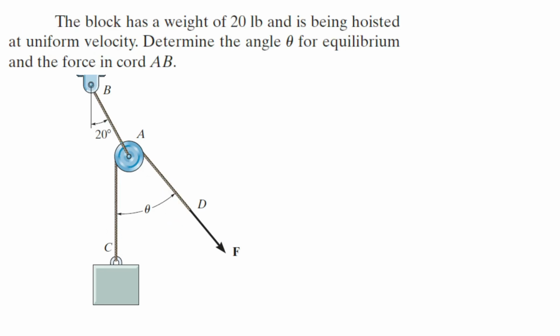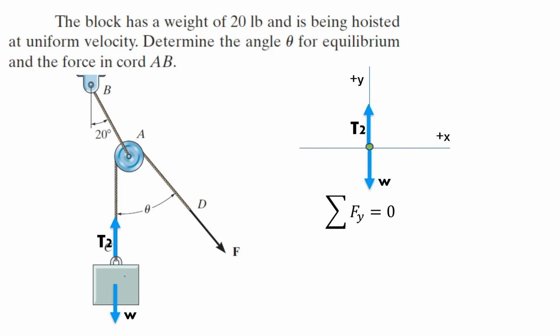So after we identify the forces acting on the pulley, now let's identify the forces acting on the block. So there is a weight of the block and there is T2, which is going up. So from here, we can easily identify that weight is just equal to T2. To prove that weight is just equal to T2, the summation of forces is equal to 0.